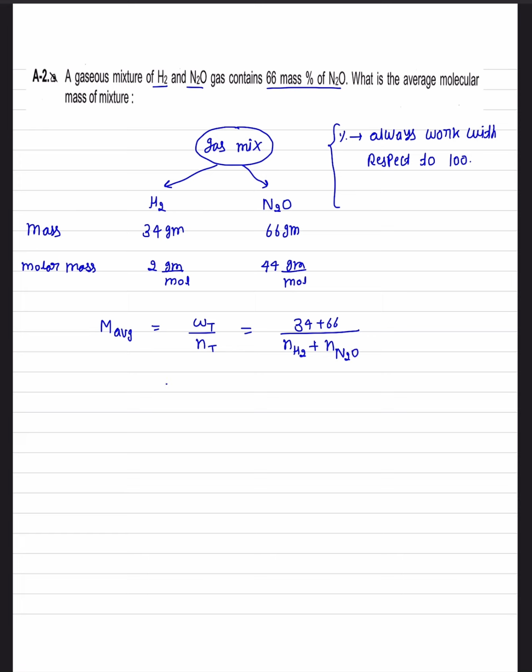I think you have every data, so you can calculate now. 100 divided by moles of hydrogen, 34 divided by 2, plus moles of N2O, 66 divided by 44. So how much we got? We got 100 over 17 plus 3 by 2.